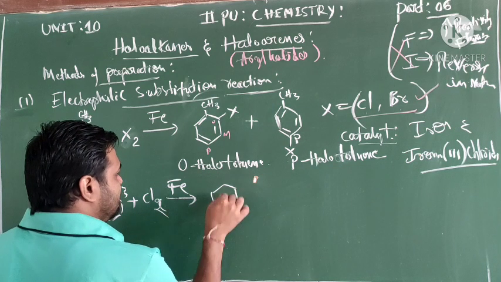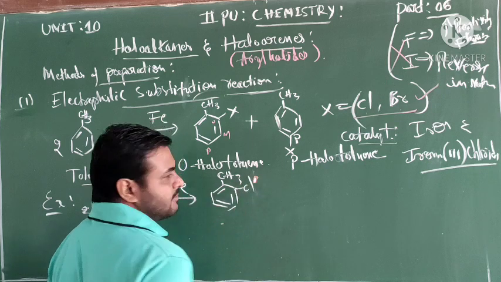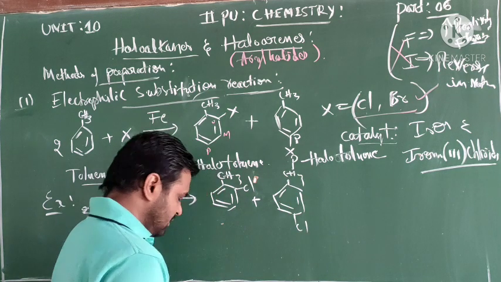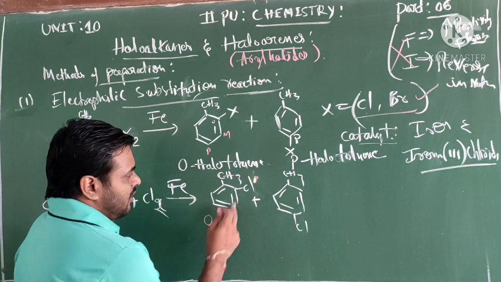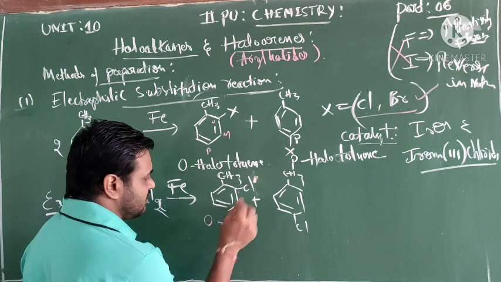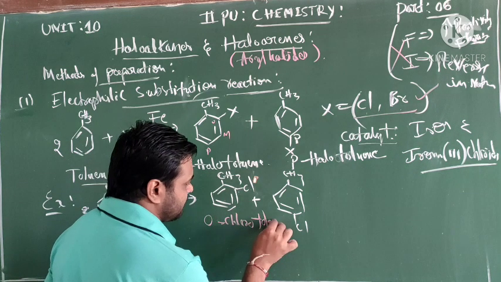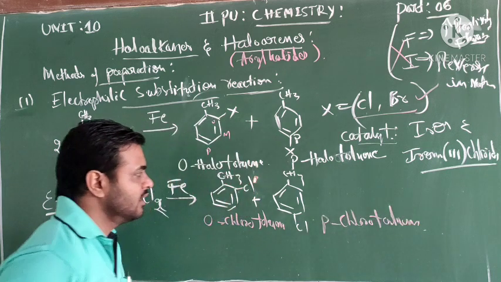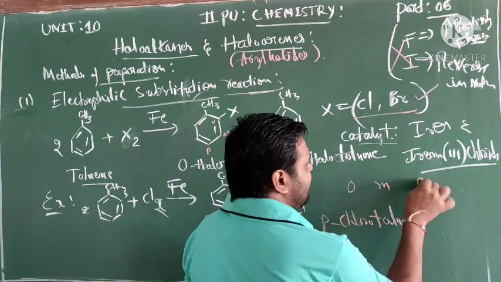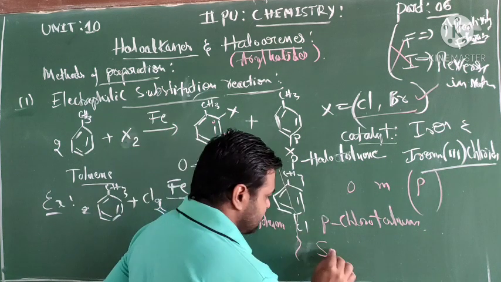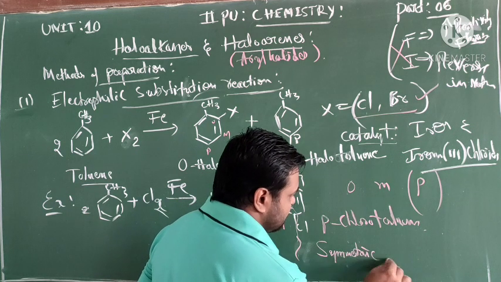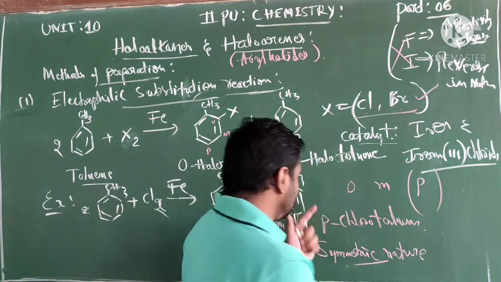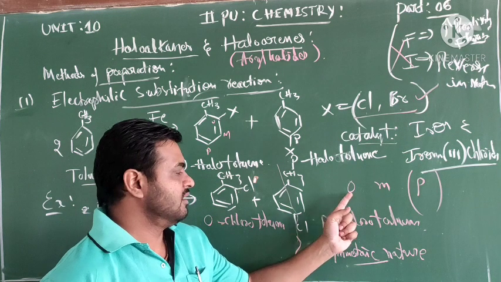So the example with chlorine: same thing, CH3 with chlorine. This one is ortho chlorotoluene, and this is para chlorotoluene. Among ortho, meta and para, the para isomer looks symmetric in nature, so it has a high melting point and high boiling point compared to ortho and meta.